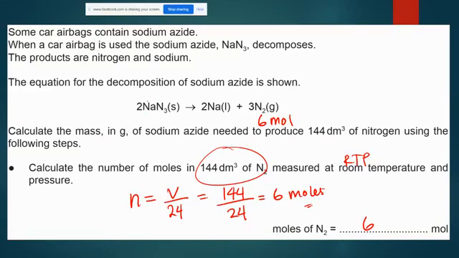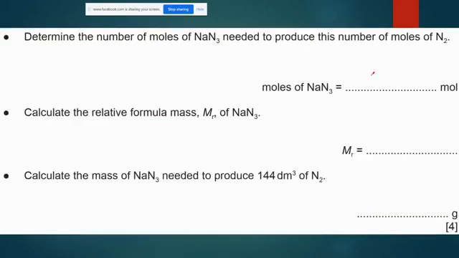We have to use the ratio of reaction coefficient between NaN3 and N2. 2 over 3 times 6. It's 4 mole. So the number of moles of NaN3 needed to produce 6 moles of N2 is 4 moles.